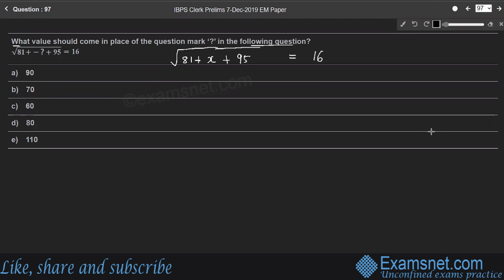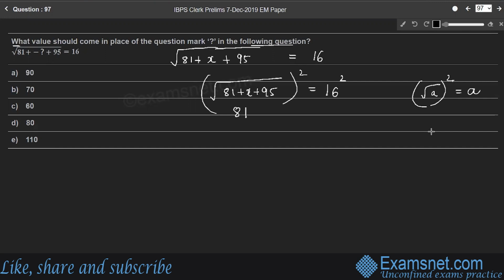So let us square both sides, both LHS and RHS. So the square root of 81 plus x plus 95, its square, is equal to 16 square. So the square root of some number, and its square, that is, the square root of a, the whole square, is equal to the number itself, right?